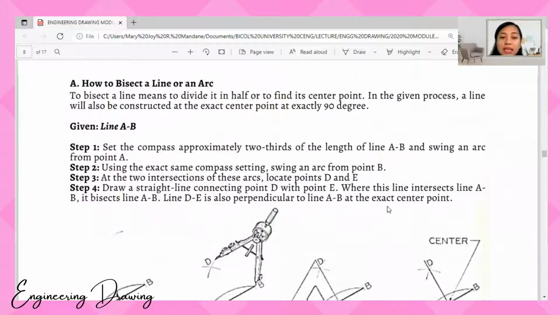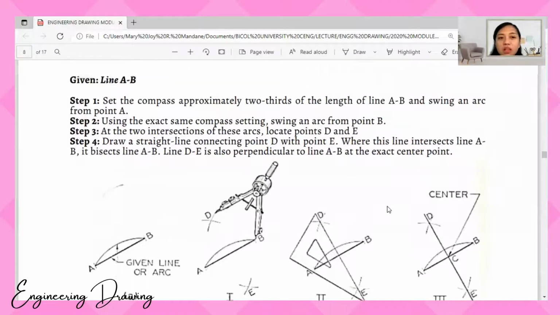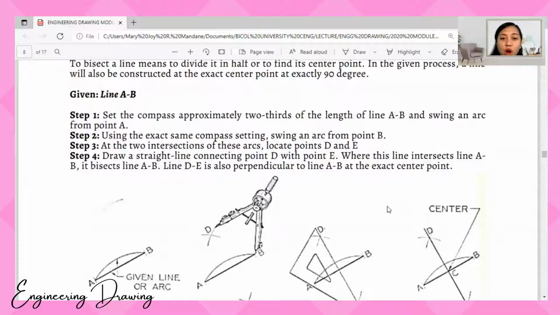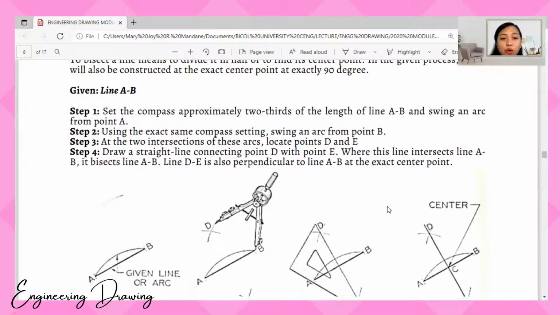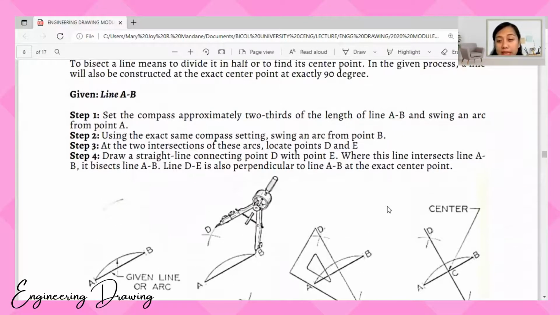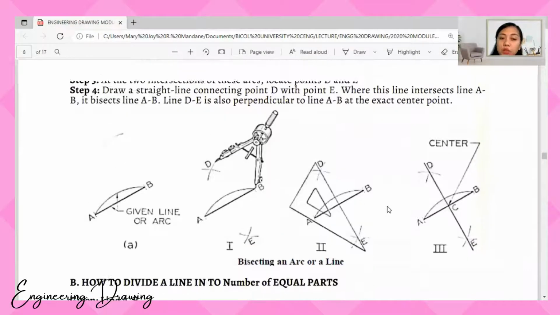Given line A and B, step 1, set the compass approximately 2/3 of the length of the line AB and swing an arc from point A. Step 2, using the exact same compass setting, swing an arc from point B. Step 3, at the two intersections of these arcs, locate points D and E. Step 4, draw a straight line connecting point D and point E, where this line intersects line AB, it bisects line AB, and line DE is also perpendicular to line AB at the exact center point. So, as you can see in the figure.